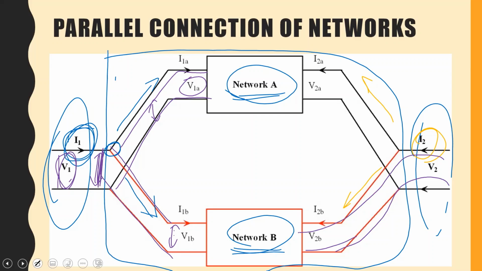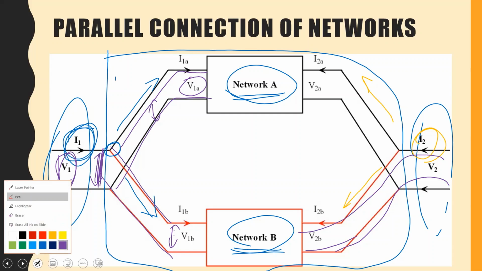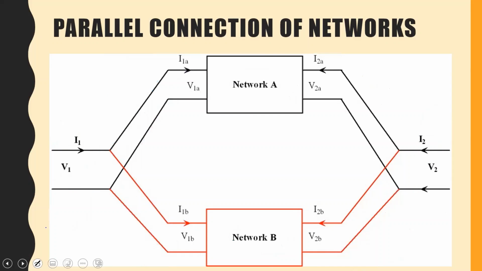So the two networks, network A and network B, at the point where the two networks are connected, at that node, we have the currents dividing. At this node, currents dividing. And the voltage between the terminals would be the same.